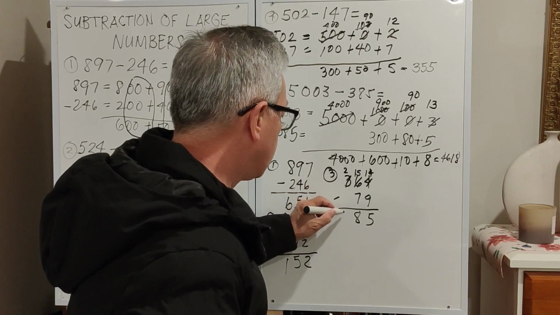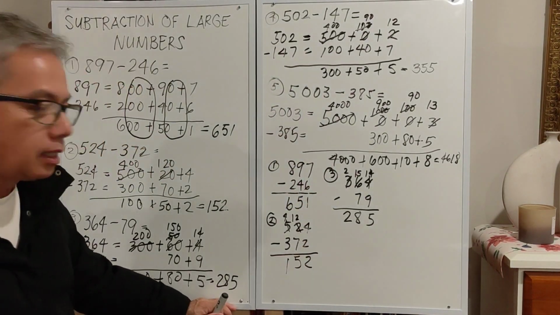And 2 minus 0 is 2. So this is the same as this one.